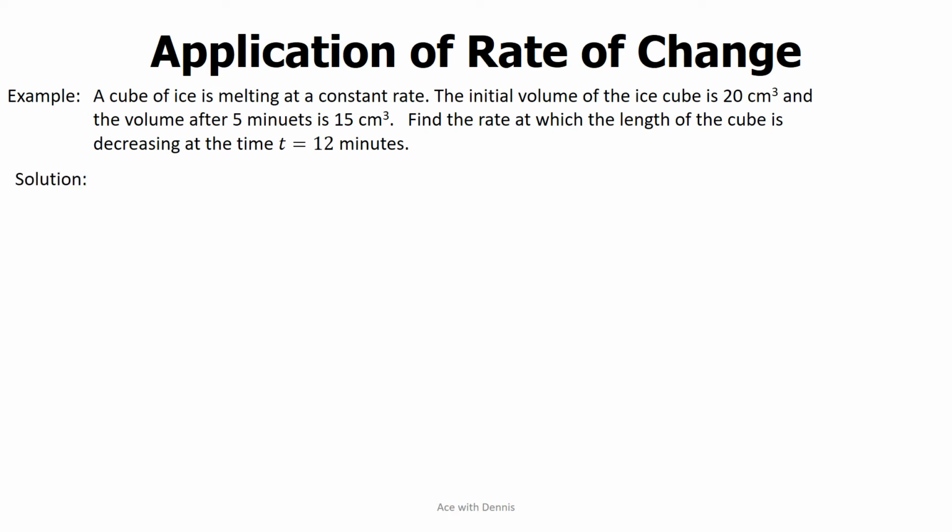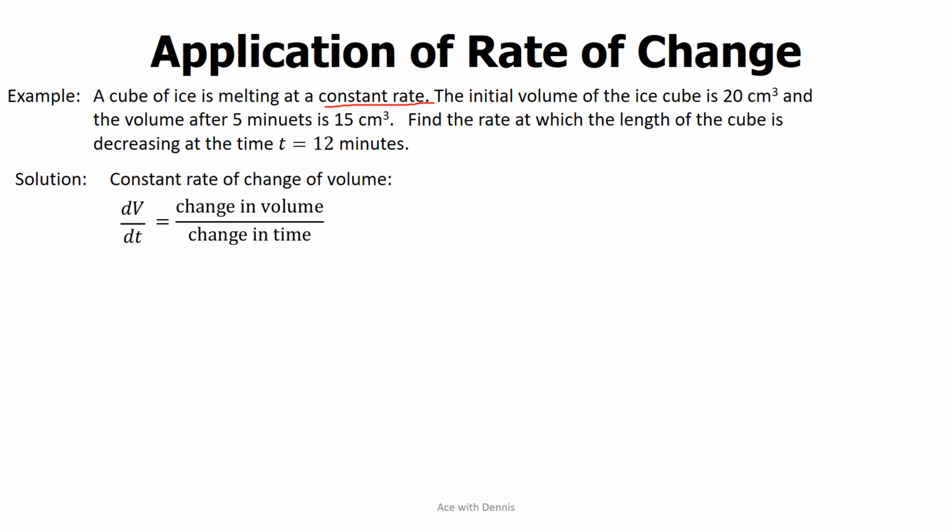Here is the solution. It is mentioned here, constant rate, so it is a constant rate of change of volume. Therefore, we can write dV over dt equals change in volume over change in time.